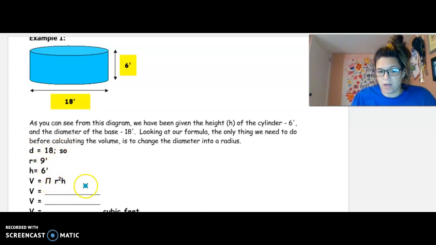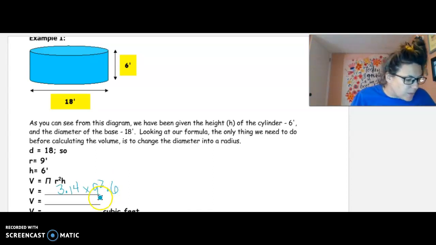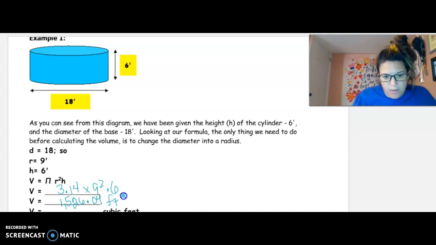So in our formula, our second row, we're going to fill in our numbers, 3.14 times the radius, which I figured out was 9, squared, times the height, which is 6. And for this one, we get 1,526.04, and don't forget, cubic feet.